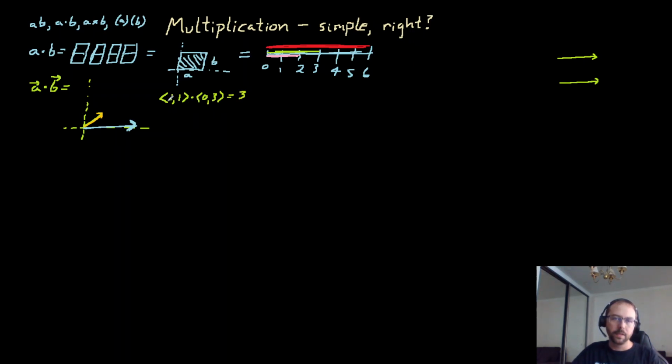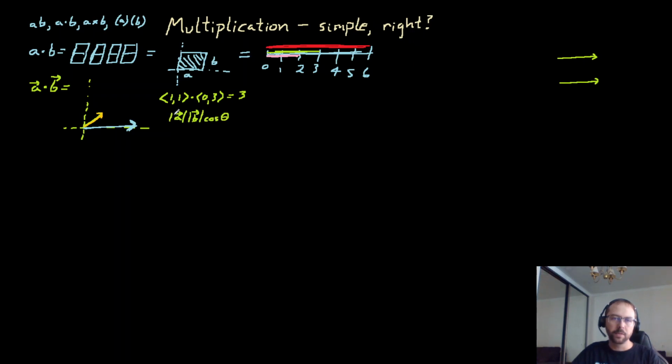Another way to do this is to say that the magnitude of A, times the magnitude of B, that's a regular multiplication because when you do the magnitude it becomes a scalar, times the cosine of the angle between them.